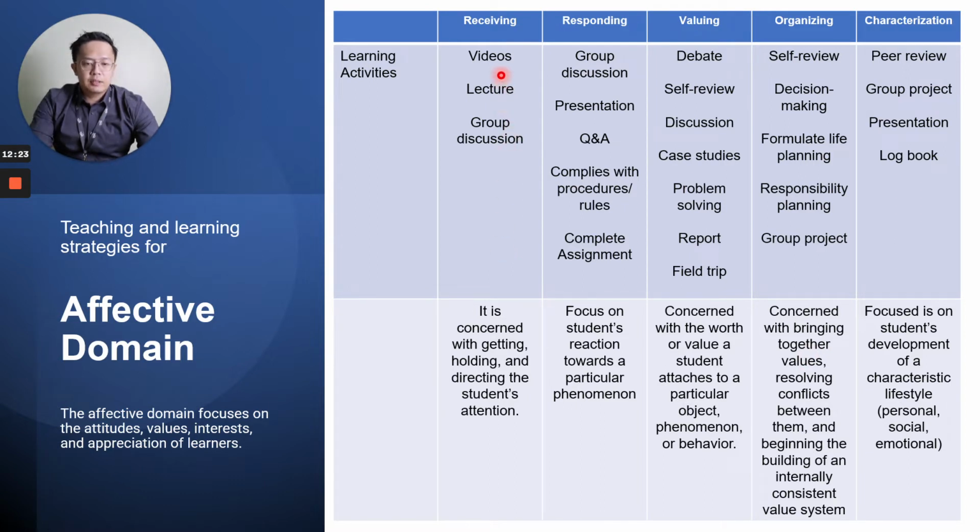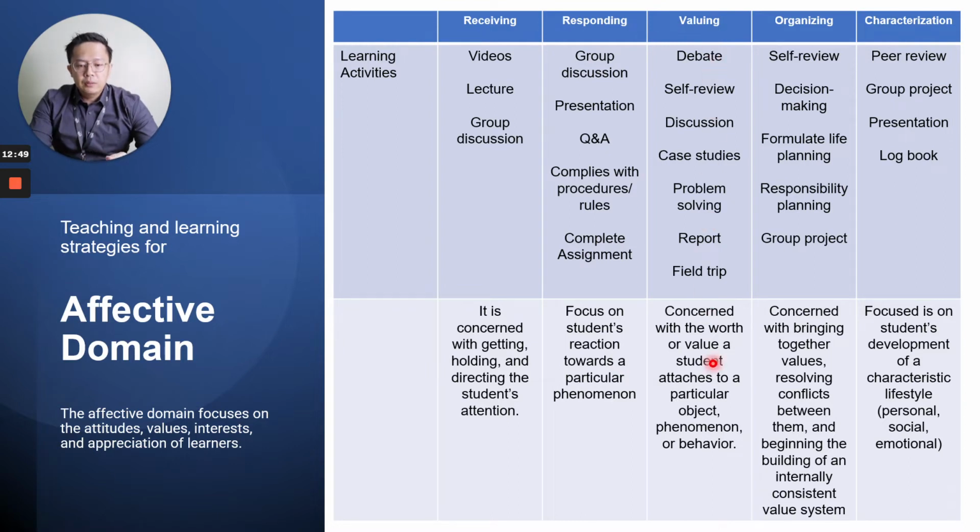For example, if you ask them to watch a video, your focus is to get hold of them and direct the students' attention to the video so that they are receiving. If you are focusing on responding, then you use group discussion, presentation or Q&A. Your focus is on the students' reactions to a particular phenomenon, so you have to focus on how the students actually respond to it, whether they show their interest or not. And finally, value.